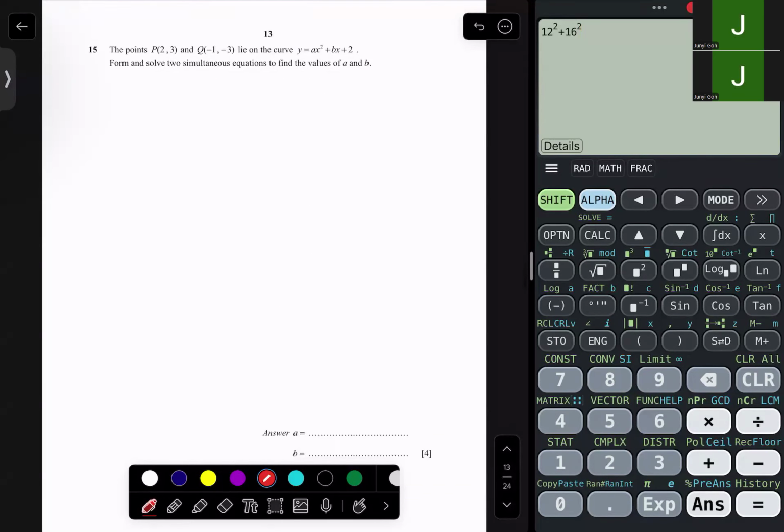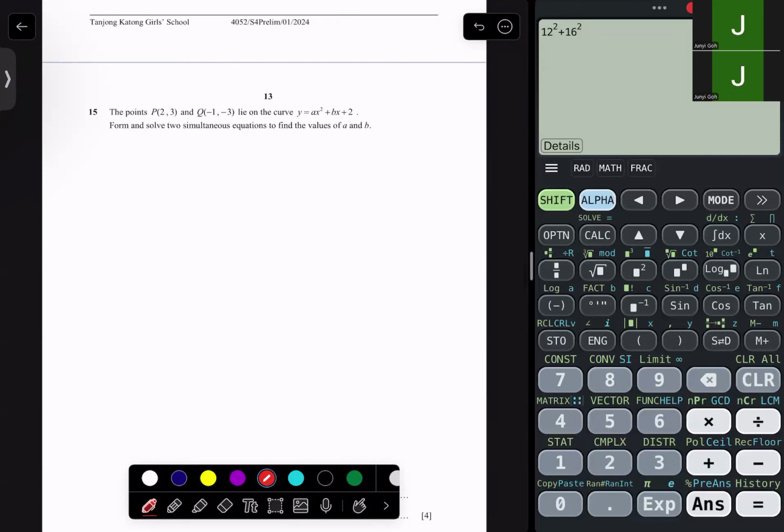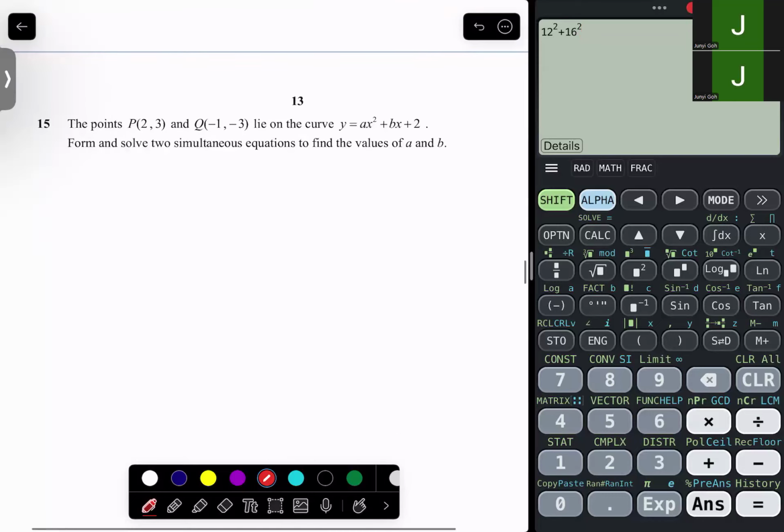Perfect. Question 15. The points P and Q lie on the curve. Form two simultaneous equations and find the values of A and B. So remember, equation is king. Everything must follow the equation.